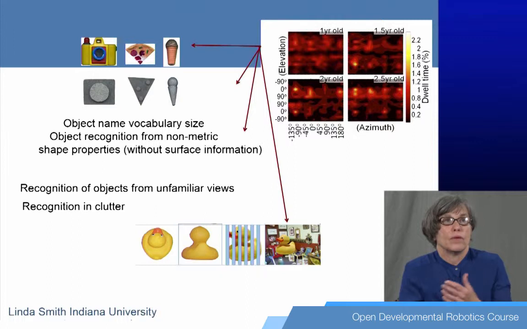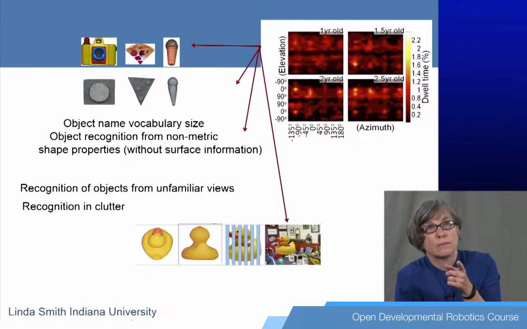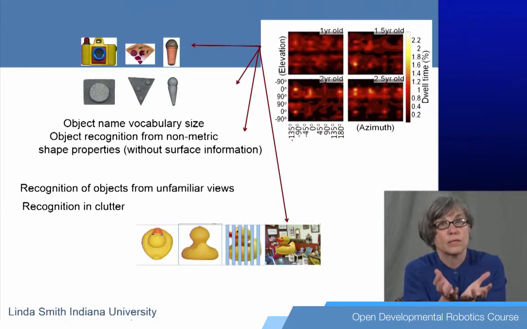Now, there's a literature, and I'm going to give you the reference for it in a minute, that will take you to a review of this, showing that these developmental changes in self-generated views and the strength of the bias for planar views and for rotation in depth is related to object name learning and vocabulary size in 1 to 2-year-olds.